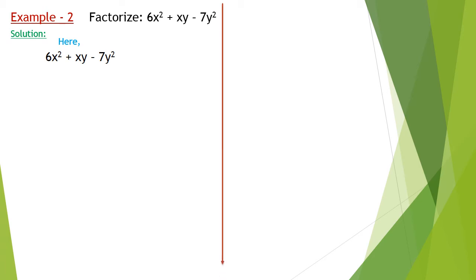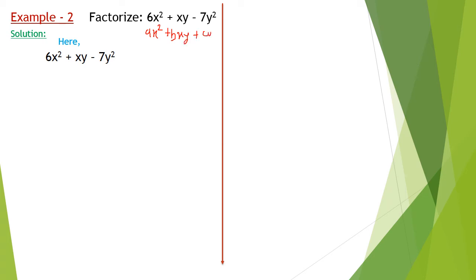I don't think so, because we have already covered this topic while introducing the trinomial: we have to assume it is in the form ax squared plus bxy plus cy squared.